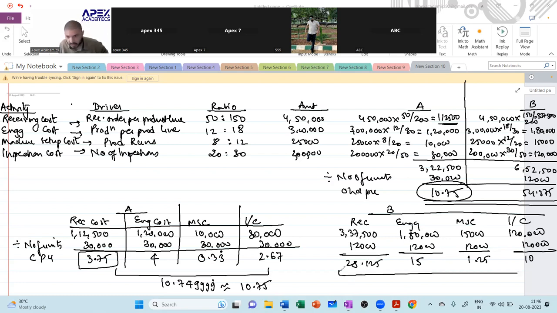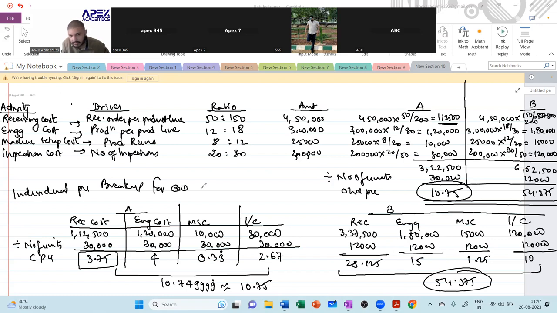Take the total of all of these. It will come to how much? 15 plus 1.25 plus 10 plus 28.125, and it's not a miracle that your answer is 54.375. What I've done is I've given you the individual per unit breakup for each activity.